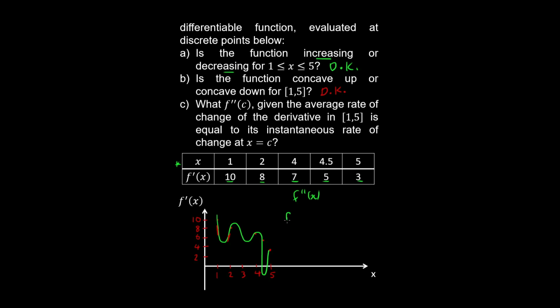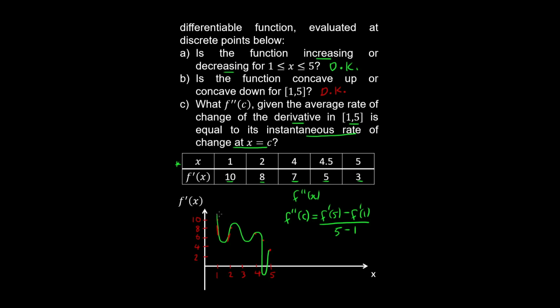Now part C asks us, what is the second derivative evaluated at a value c, given the average rate of change of the derivative in the interval is equal to its instantaneous rate of change at x equals c. Well, here we can use the mean value theorem and apply it to the second derivative. So that's equal to the first derivative evaluated at x equals 5 minus f dash of 1 over 5 minus 1.